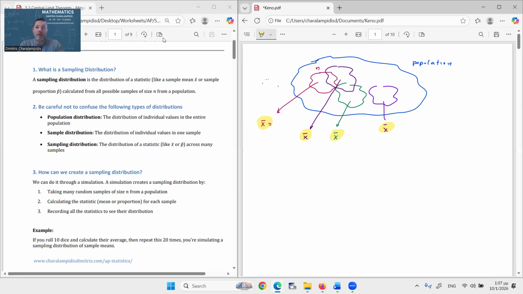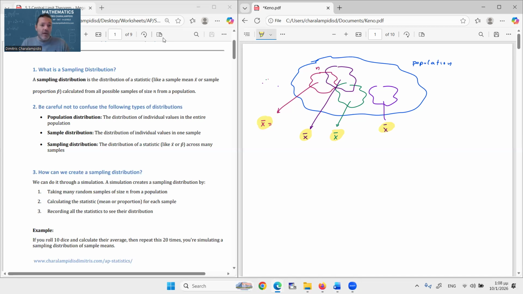So, really quick, population distribution means individuals. Sample distribution also leads to individuals, but sampling distribution leads to statistics, which are the measurements taken from each sample. And please bear that deep in mind, because this distinction between these three types of distributions is crucial.